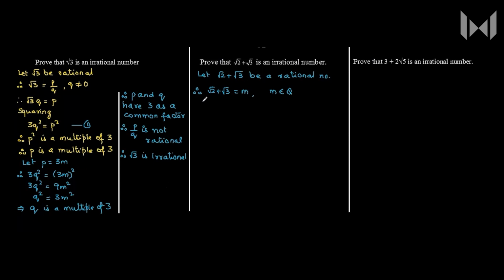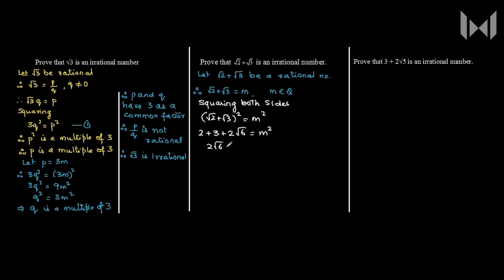Now what do we do? We square both sides. You have root 2 plus root 3 the whole square is equal to m square. Now squaring means a square plus b square plus 2ab. Root 2 into root 3 is root 6, so 2 plus 3 plus 2 root 6 is equal to m square.